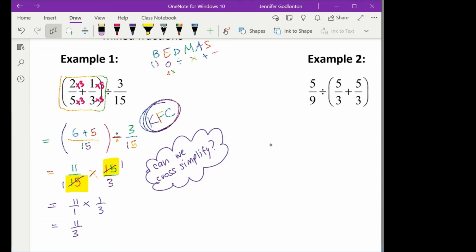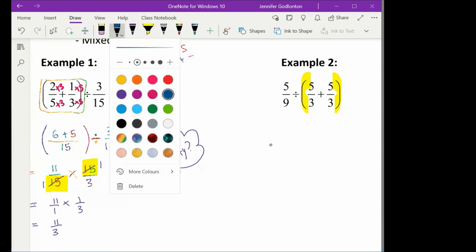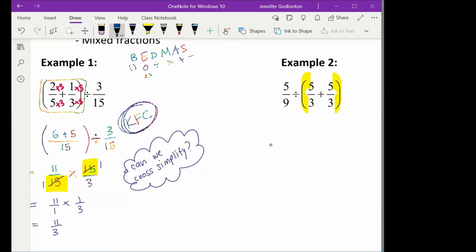Just do it step by step, guys. Do one thing at a time. Focus on the first thing, which is looking at those brackets. It's our first job. So get yourself your common denominator, then think about KFC, then think about cross simplifying.